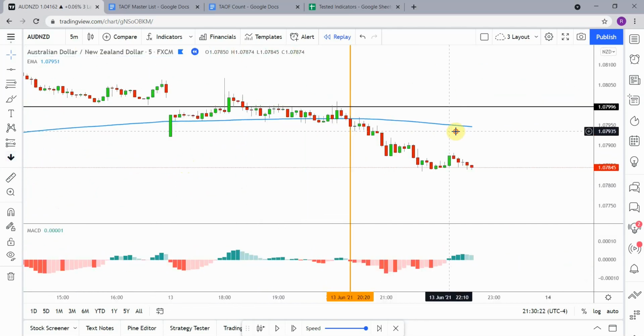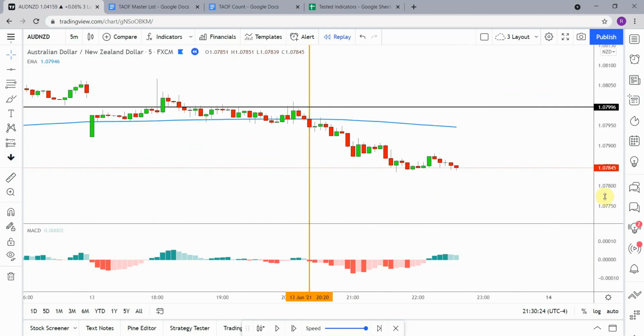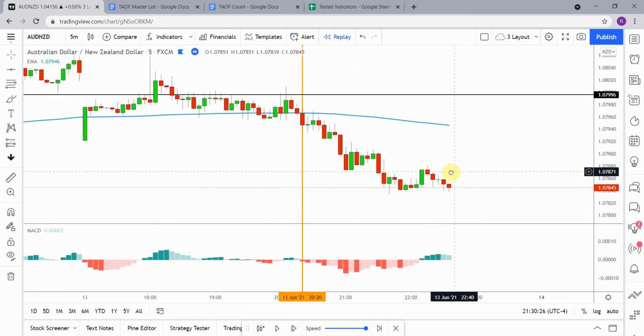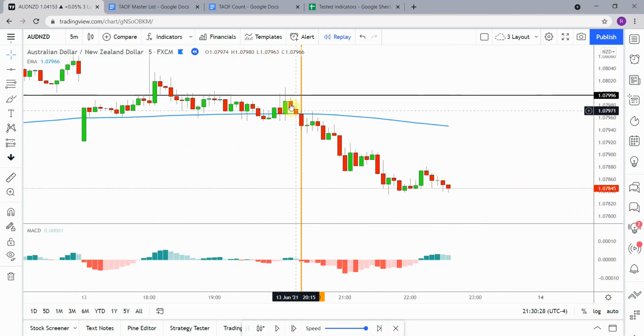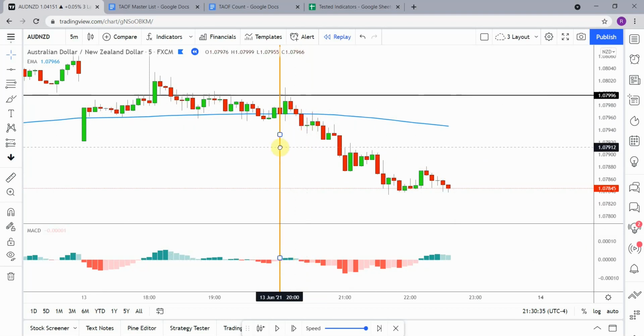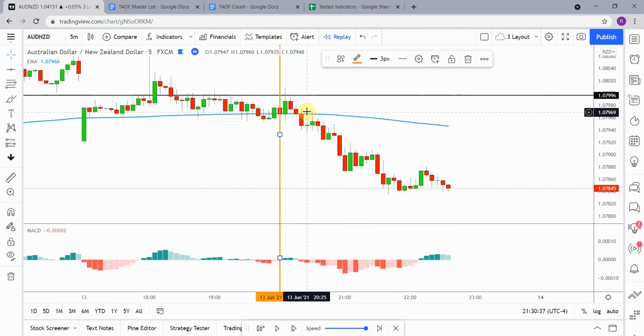Over here on this side, we'll go ahead and take a look at the opposite, the short version of it. You can see that this is kind of skirting the line a little bit, because this candle right here got really close to actually breaking up above this, but we'll call this okay.